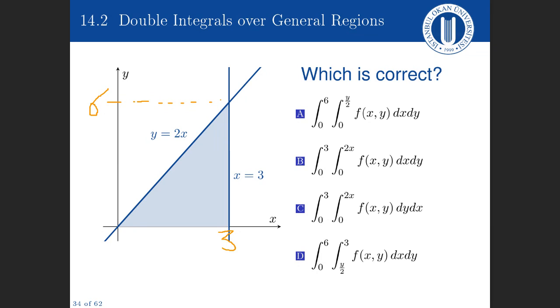I can show you that actually this was a trick question. C and D were both correct. A and B were incorrect.